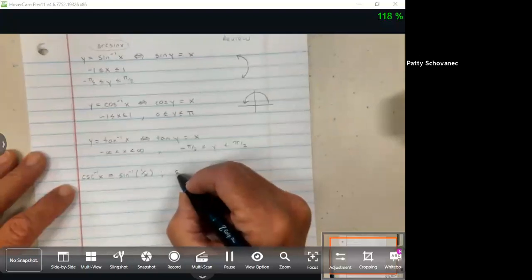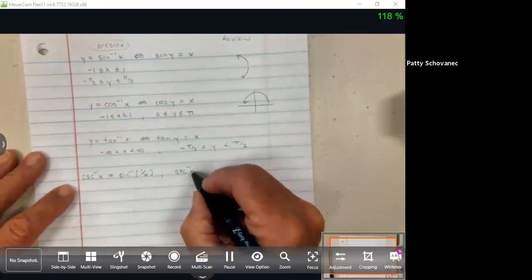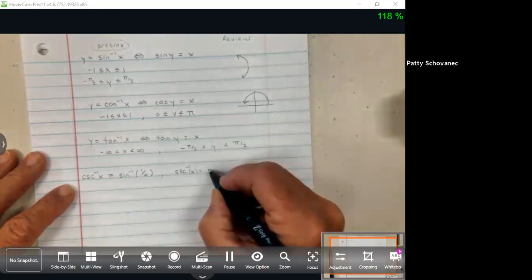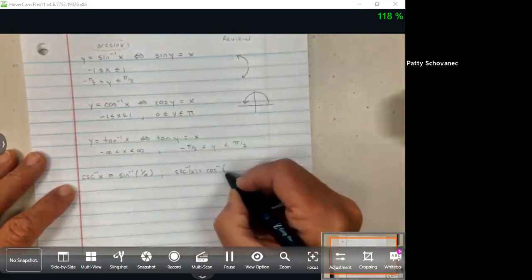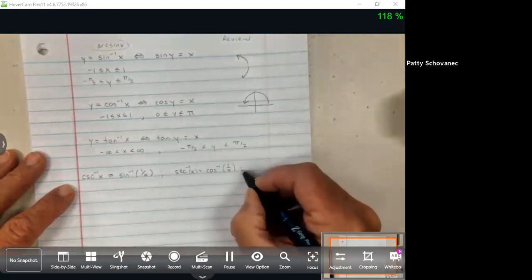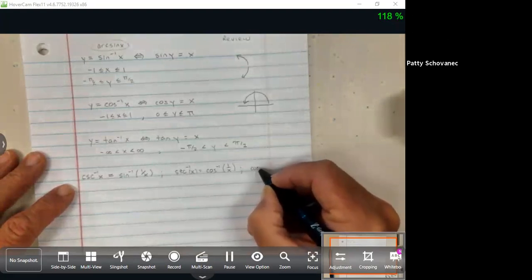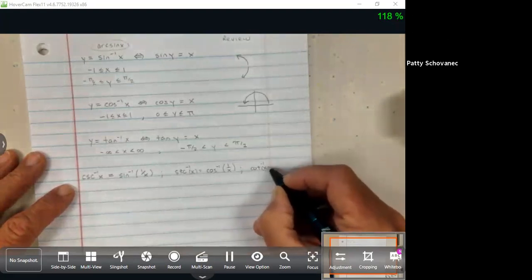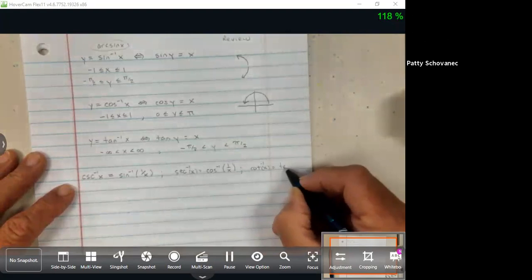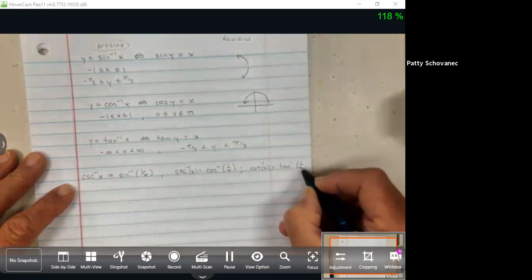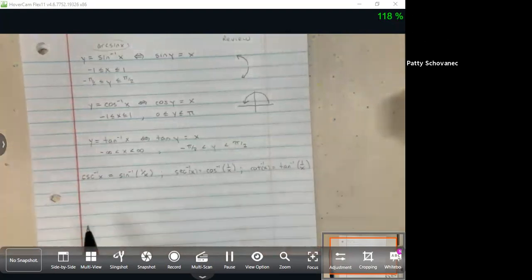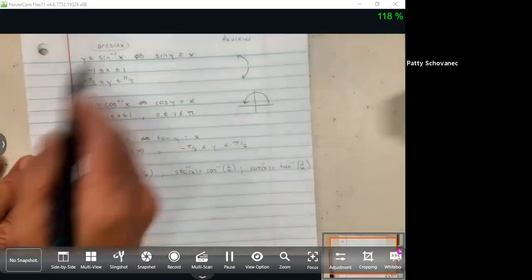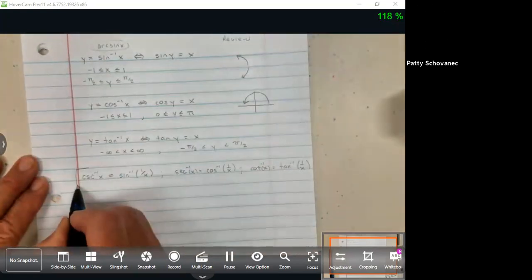The inverse secant of x is the same as the inverse cosine of 1 over x, and the inverse cotangent of a number is the same as the inverse tangent of 1 over that number. So if you use these, then you'll only have to remember the domains and ranges of the trig functions above.